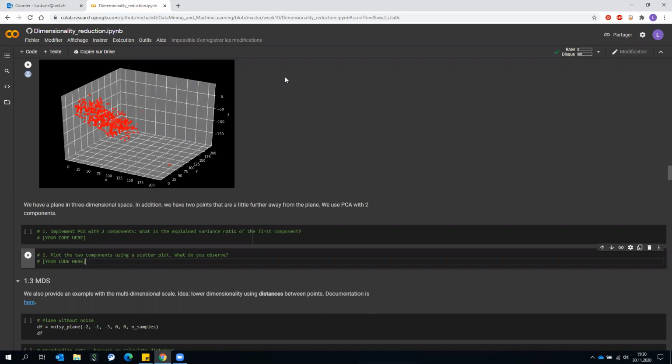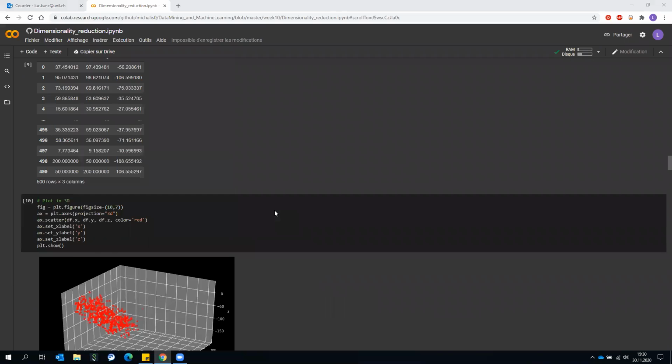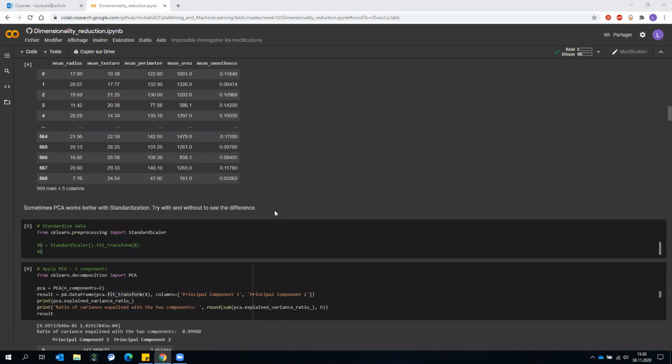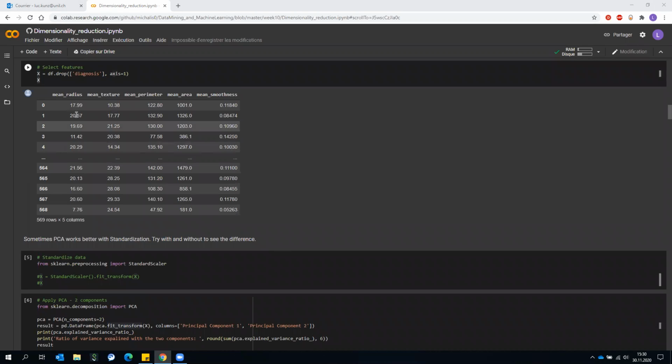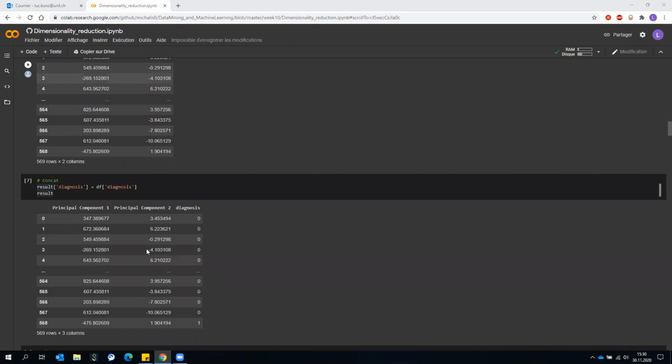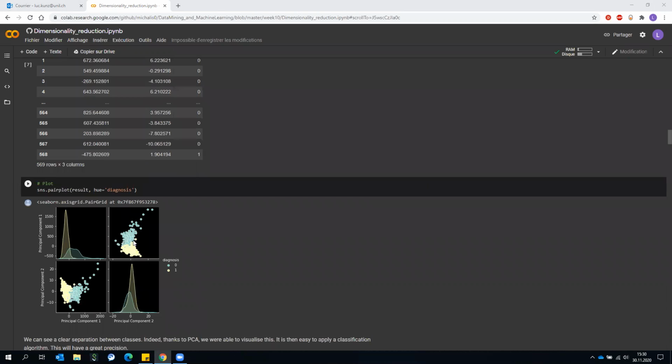So basically the outcome is the same points, but in 2D, right? The outcome should be the results of the PCA. So you have to plot the 2 components. It's the same as just above. We had 5 components, so we went from 5 to 2 using PCA fit transform of the data, and then we plot it in 2D.